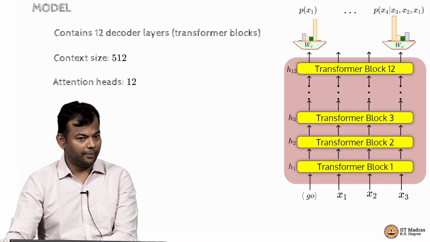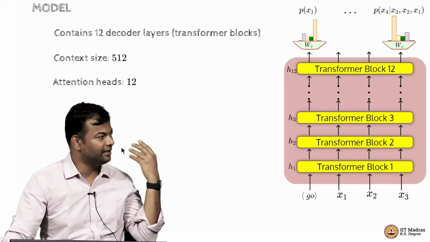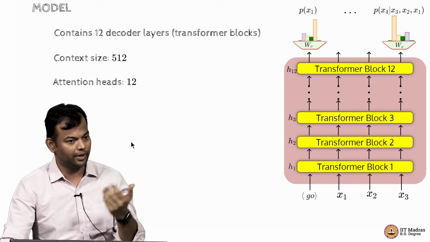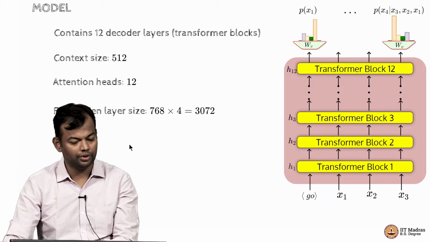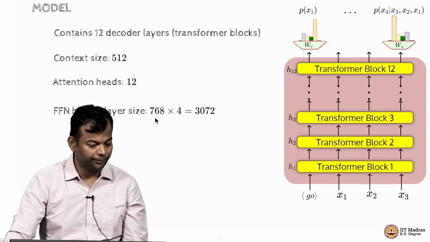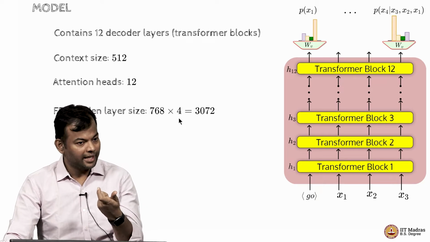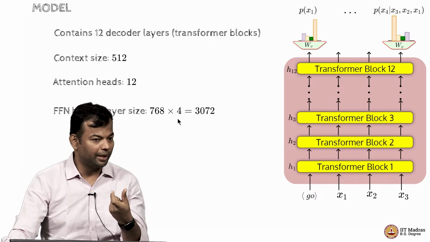Attention heads were 12. That means every layer had 12 attention heads. In our initial discussions, we had seen 8 attention heads, 2 attention heads. So it had 12 of those. The feed forward hidden layer size is 768 cross 4. Yeah, so 768 is the model size, right, which was the input embedding size.